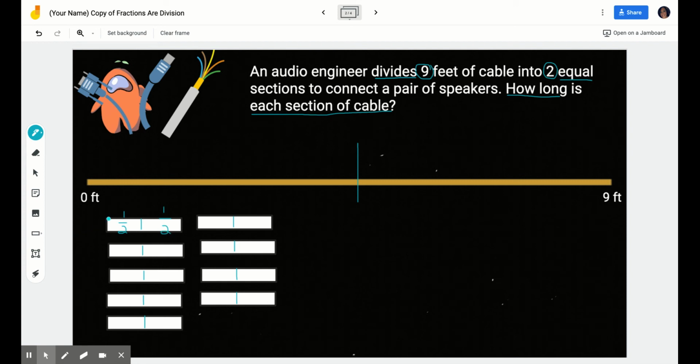So based on what I know about fractions, I know that if I look at each one of these, 2 of the halves make one whole. So another 2 halves make one whole. Here I don't have another half to go with that one, so I'm just going to leave that one for just a minute. So over here, another 2 halves make one whole, and these 2 halves make one whole.